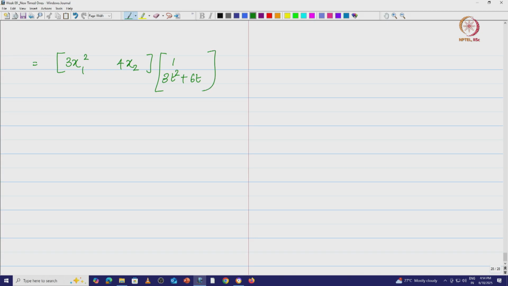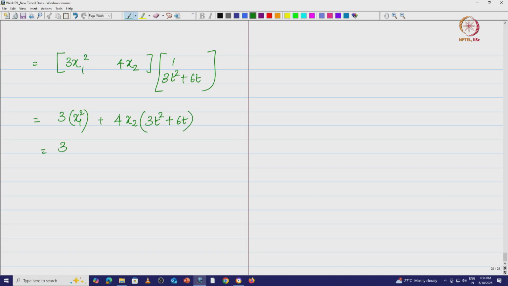So, we have this, and x1 is equal to t. So, I have 3 x1 squared plus 4 x2 into 3t squared plus 60.